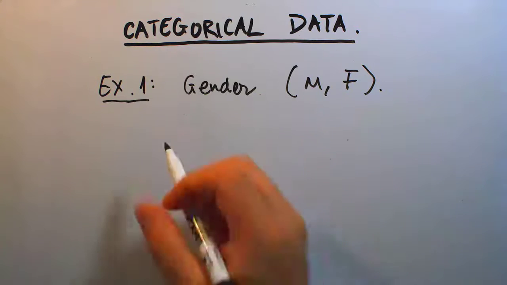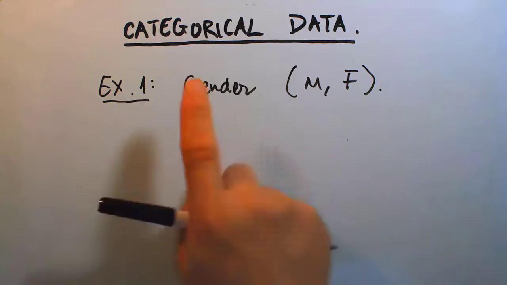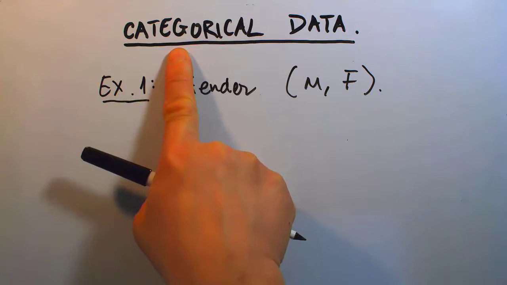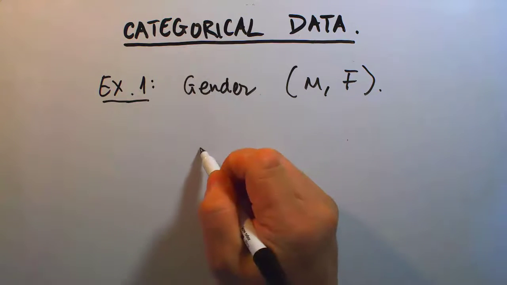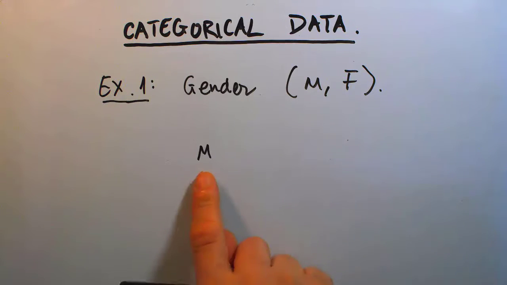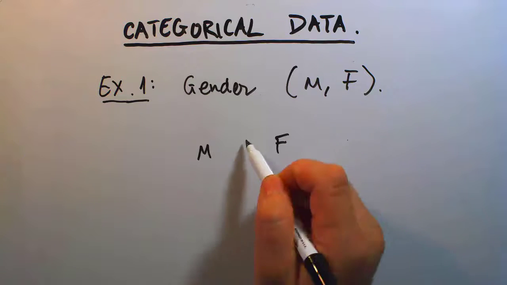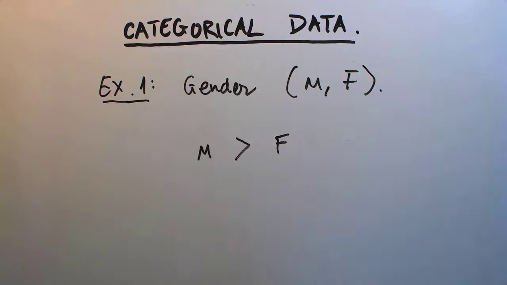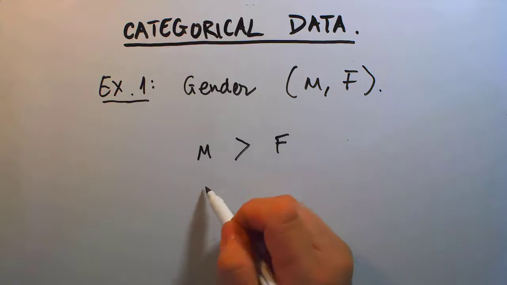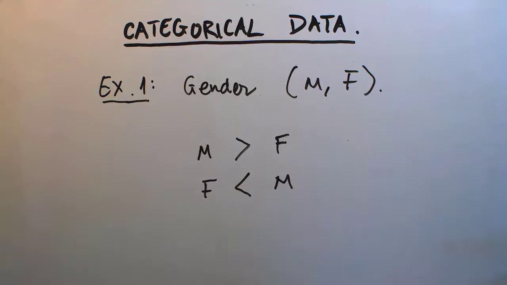We've talked about this a little while ago, but one big characteristic of categorical data is that the values have no ordering. What I mean is, if we take a male value and compare it with a female value, we cannot really say that male is greater than female, nor the other way. We cannot say female is less than male.